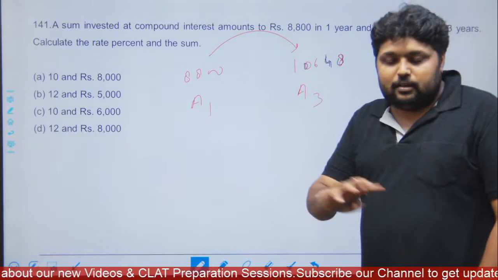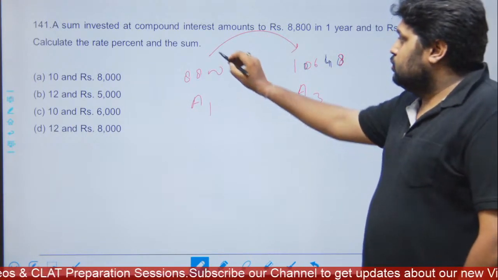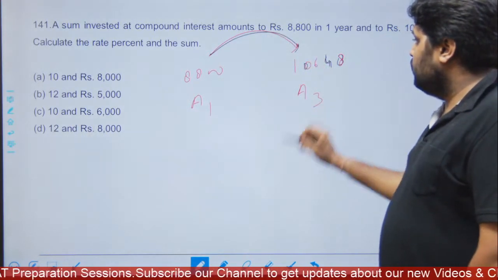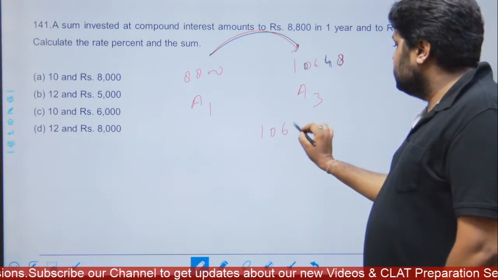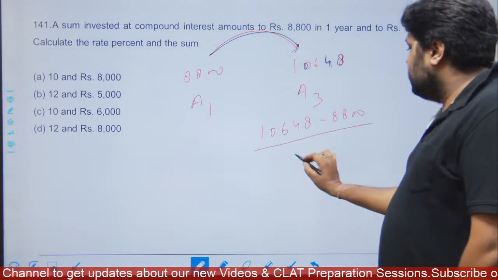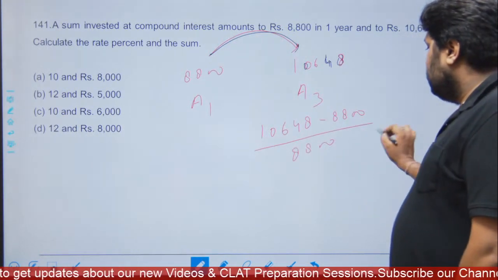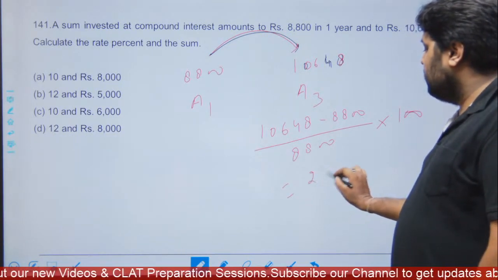So you can calculate the net percentage increase in amount. That will be the net interest for 2 years. Just take the difference between these two: 10,648 minus 8,800 upon 8,800 into 100. If you calculate this, you will get 21%.